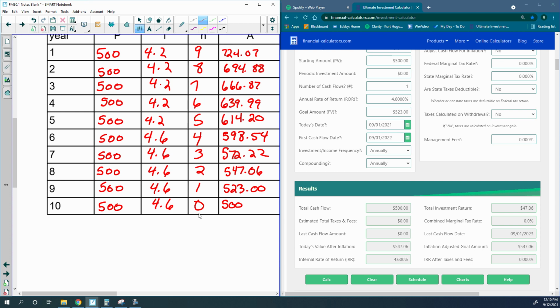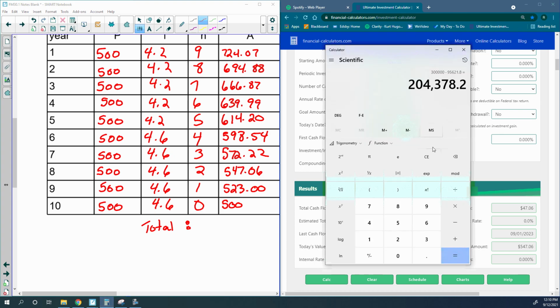So then to do the total for the Canadian savings bonds, you're going to take each of these and add them all together. So I got to pull out my calculator.